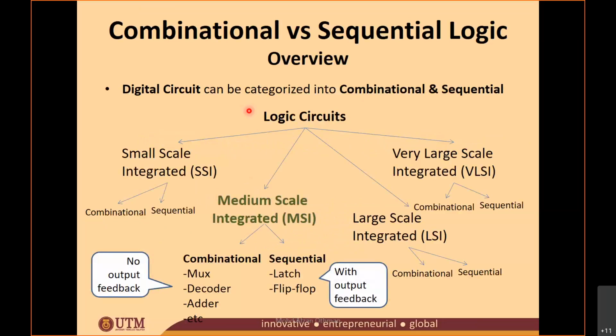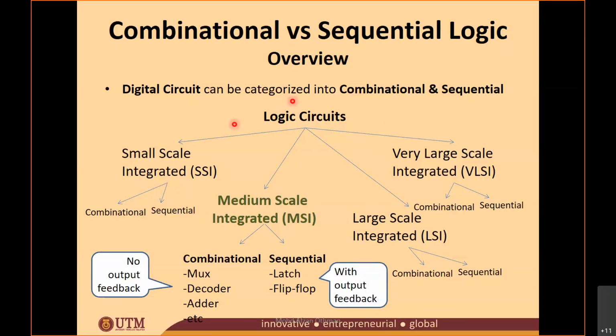Okay, so this is the combinational versus sequential logic overview. So digital circuit actually can be categorized into combinational and sequential logic circuit. Okay, kita boleh bahagikan dia kepada dua bahagian. Satu is a combinational and satu is a sequential.